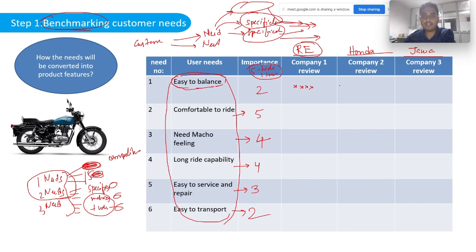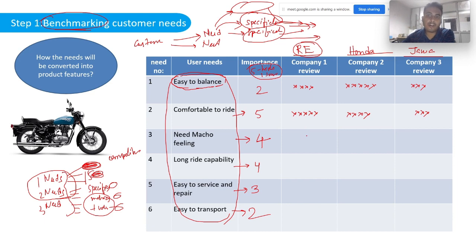Similarly for Honda, easy to balance is 5 star. For Java, these are just examples, 3 star. Comfortable to ride: Royal Enfield gets 5 star, Honda gets 4 star, and Java gets 3 star.